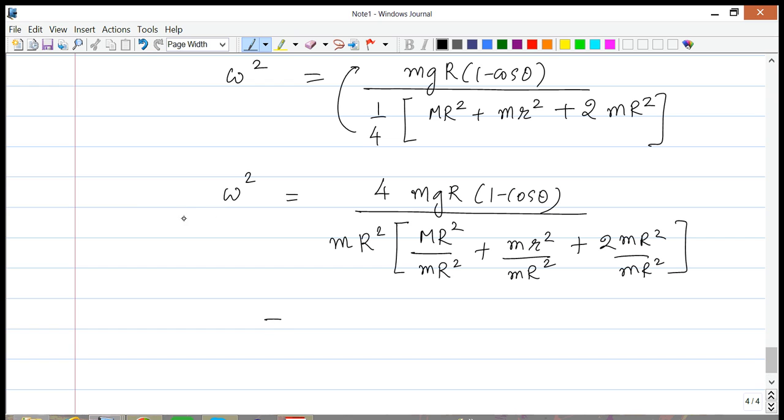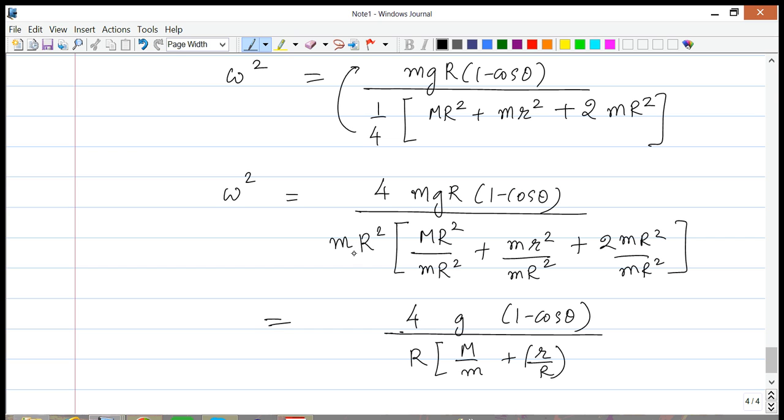Okay, so now this becomes 4 mgR times 1 minus cosine theta. The m's cancel out. There is 4g, and there is no m now, so it will be 4g, and then there is an R in the denominator, and what I'm left with is m over m plus r over R squared plus 2.